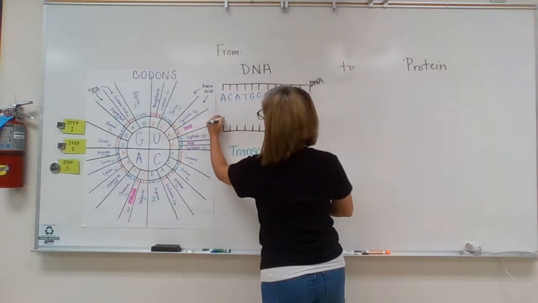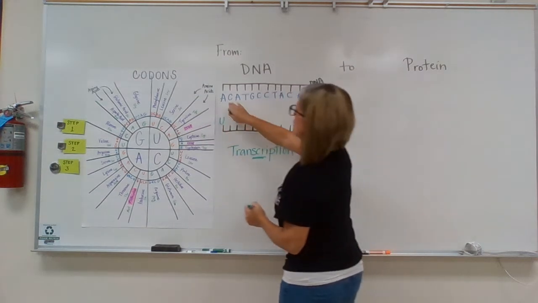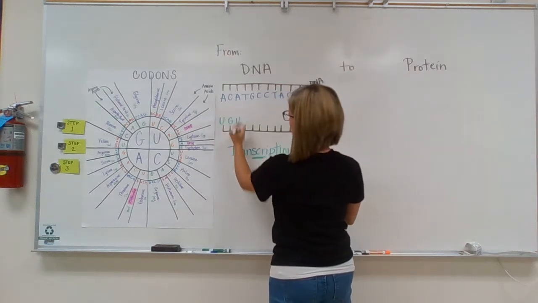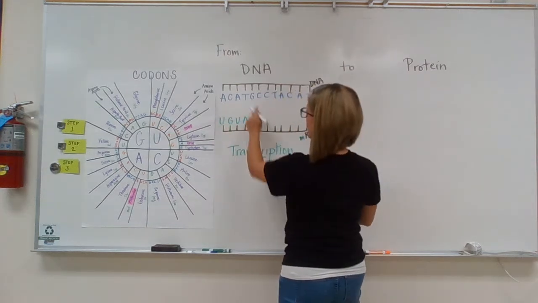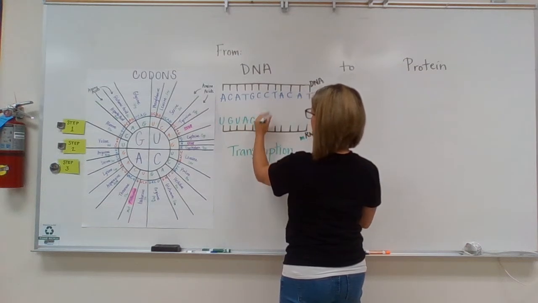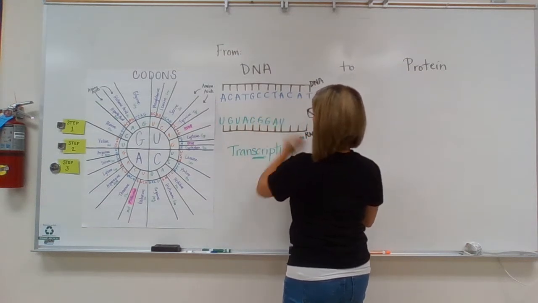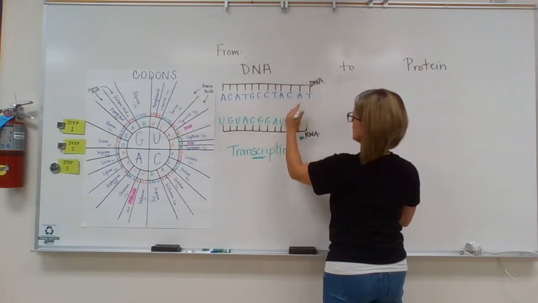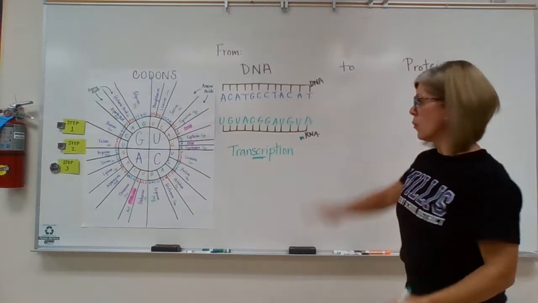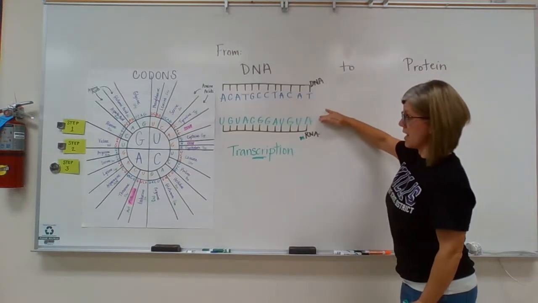A pairs with U, C pairs with G, A with U, T still pairs with A, G pairs with C, C pairs with G again, A with U, C with G, A with U, and T with A. So now we have our messenger RNA coded.